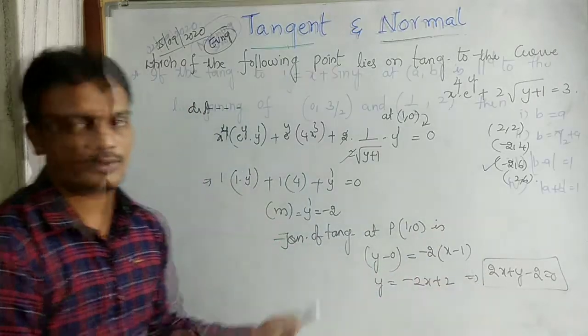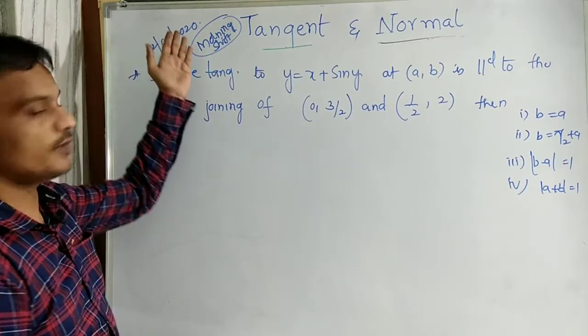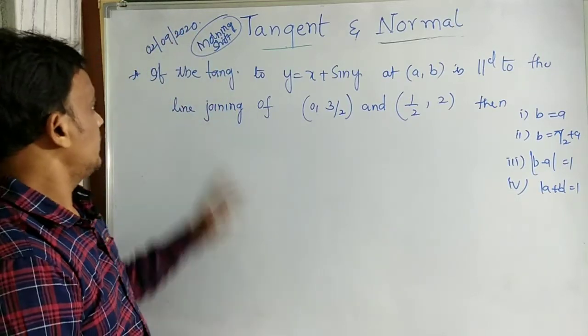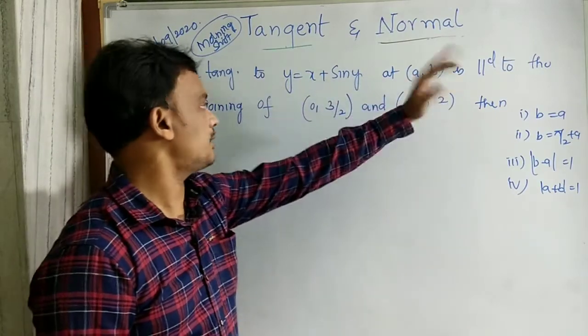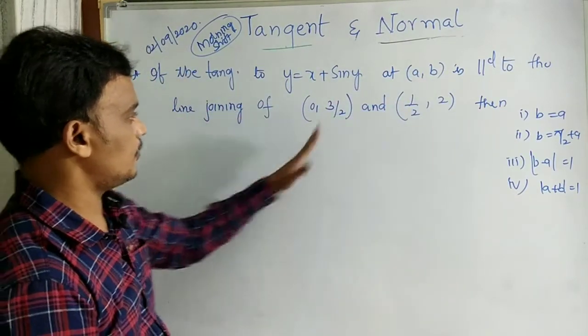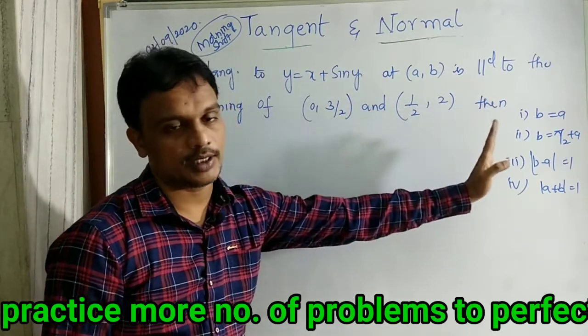Okay, students, make a note. One more problem, which is 2nd September 2020, morning shift. If the tangent to this curve at the point (a, b) is parallel to the line joining the 2 points, then which of the following conditions will be correct?